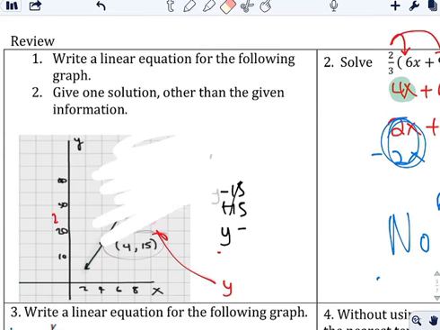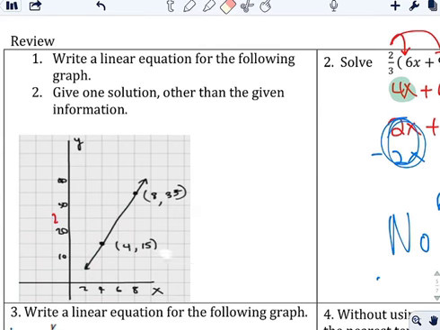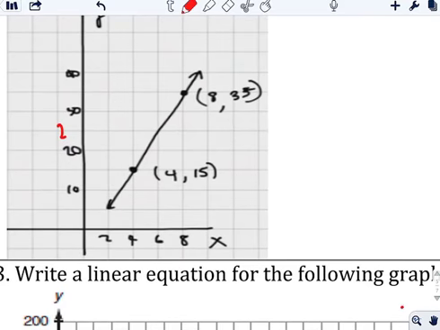Okay, write a linear equation. So we've done that for the following graph. And then one solution. A solution is any point other than the given. Any point on this line. We can do 2, and probably this looks like 2 and 5.6 or something like that.